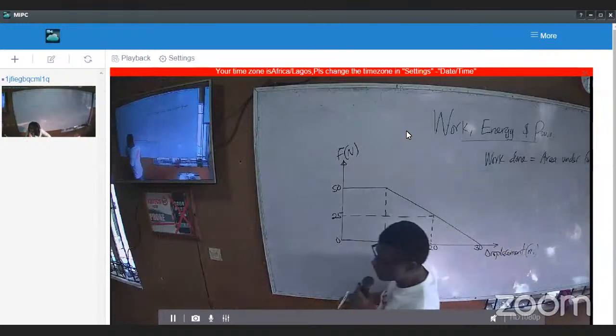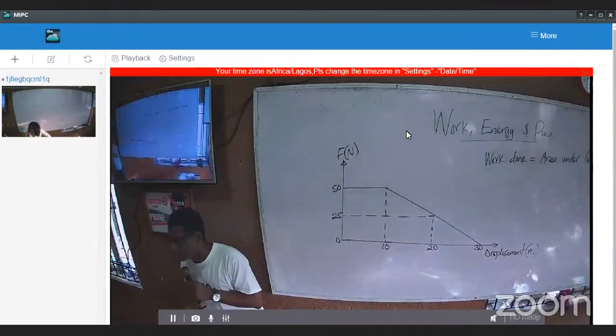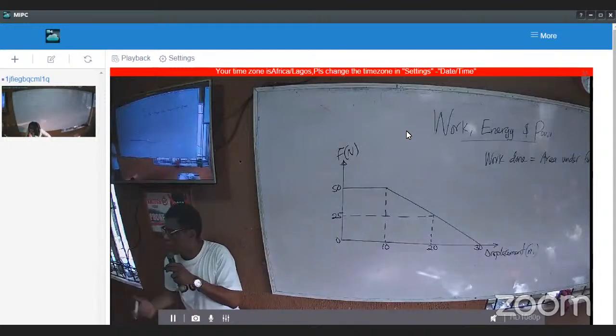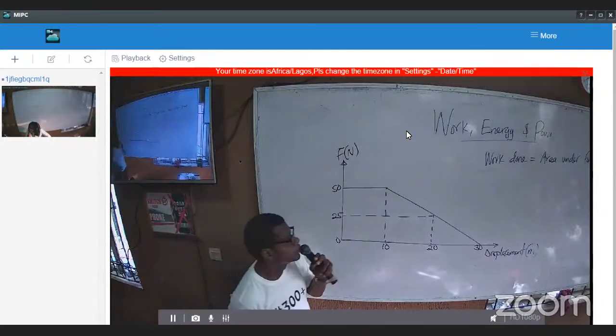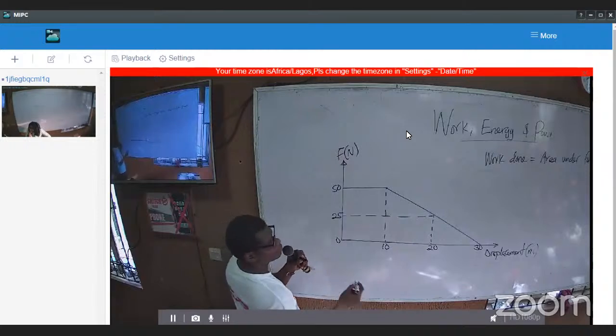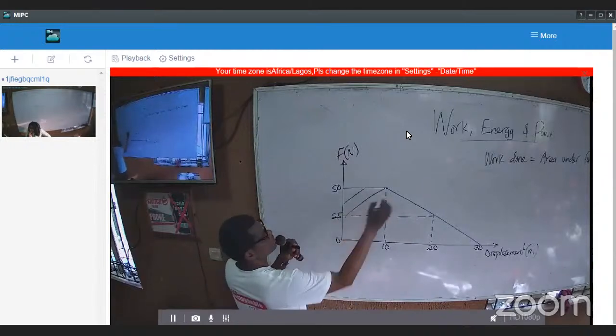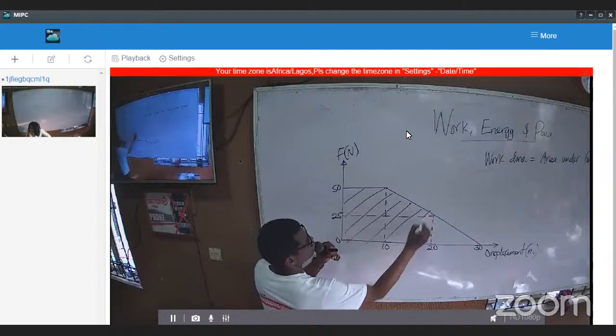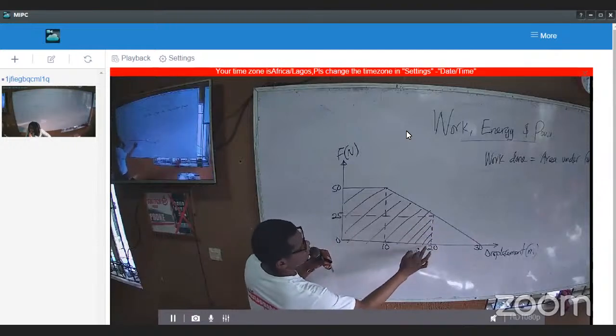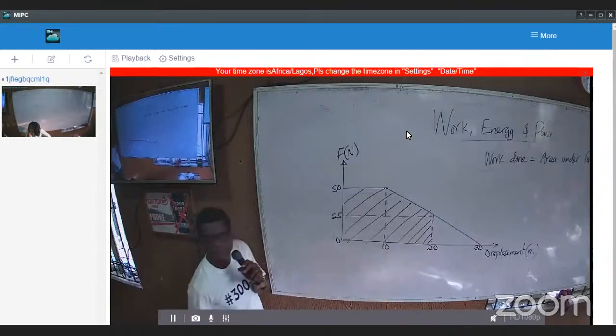That's work done: area under the force-distance graph. Because it's the first 20 meters, not everything, the graph we're looking for is this place.